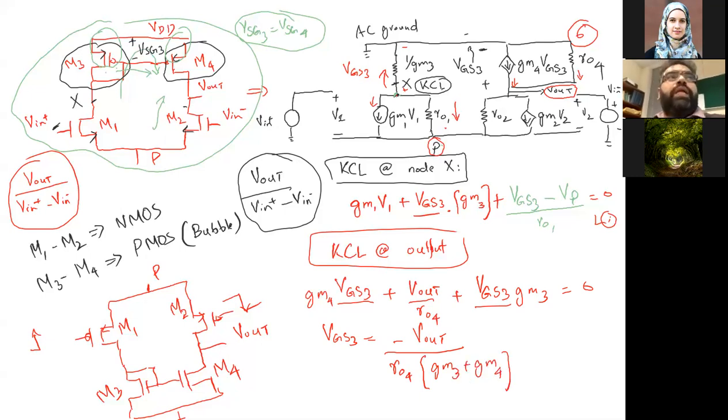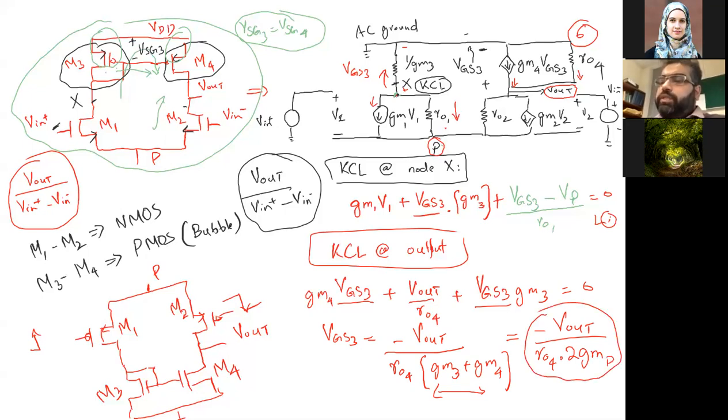Ultimately, gm3 and gm4 are the same, so we can replace with minus Vout divided by RO4 times 2. And I am using a common gm because gm3 and gm4 are both PMOS, so I can use gmP. So that's another equation which we are interested in. We found the relation of VGS3, which is used in equation 1. So I'm writing it as equation 2.